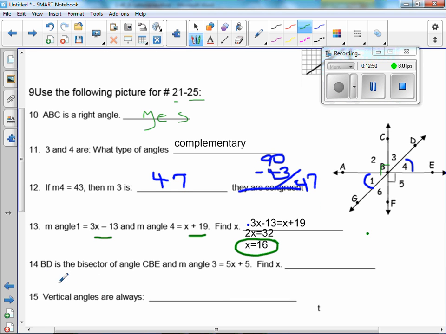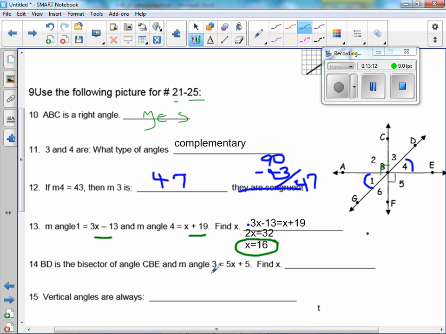Number 14, it says BD is a bisector. So you see BD right here of angle CBE. So it says that BD bisects angle CBE.